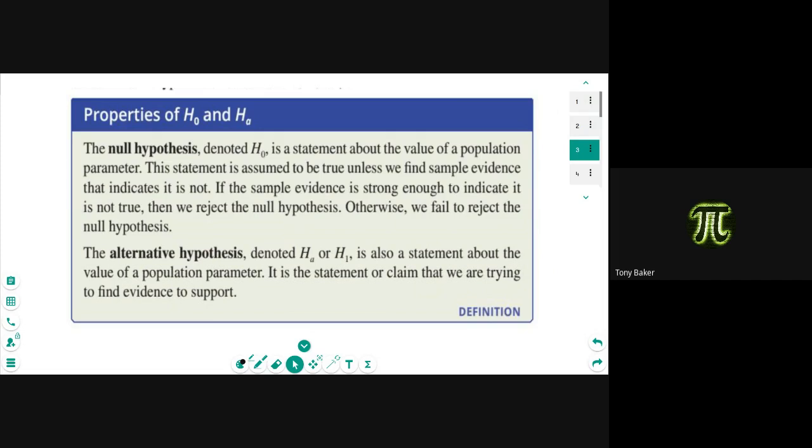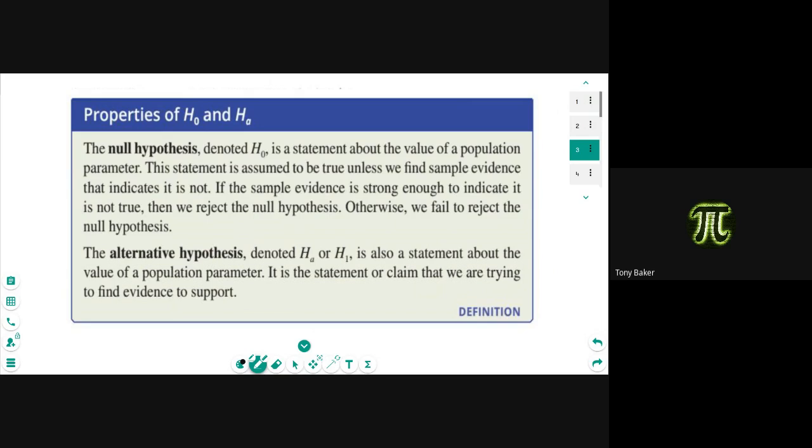This is probably the most important part. This is what is either going to be very nice for you on section 11.1 or kill you on section 11.1. You have two hypotheses that we're going to state. You have your null hypothesis, which is what you assume to be true.